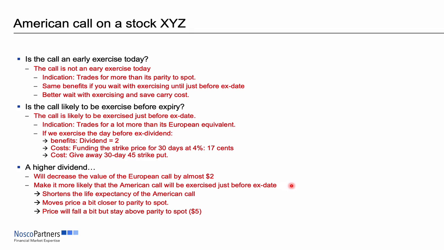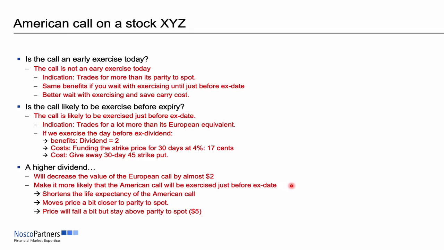That means the life expectancy of the option goes down a bit. Now, the life of the option most likely ends on ex-dividend date. Since the life expectancy is shorter, the value of the American option moves a little bit more to parity to spot.